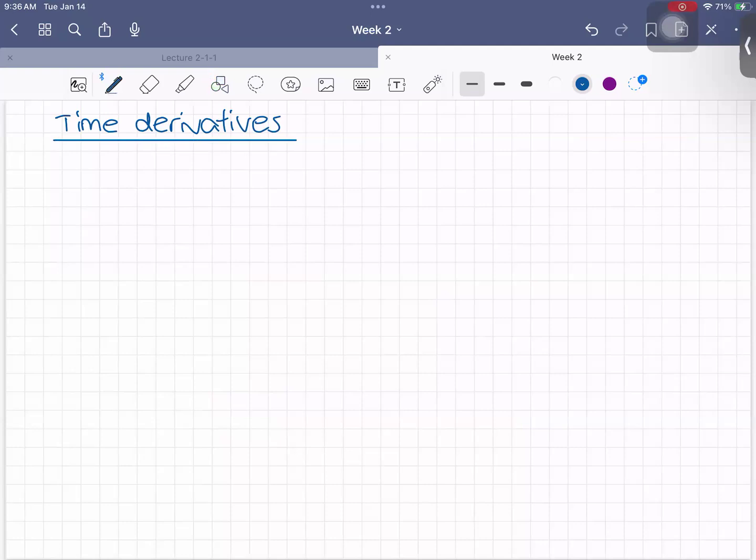The first one is the partial derivative.